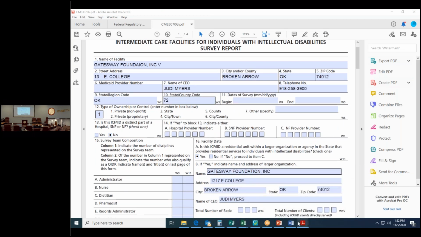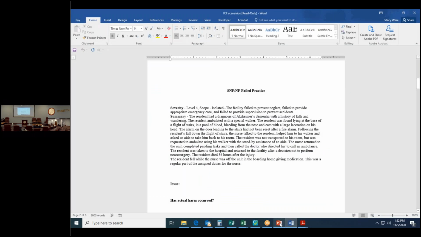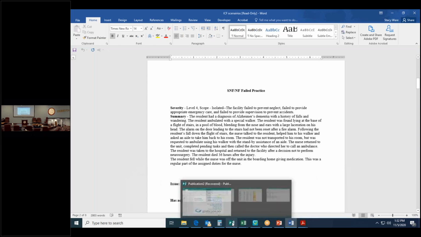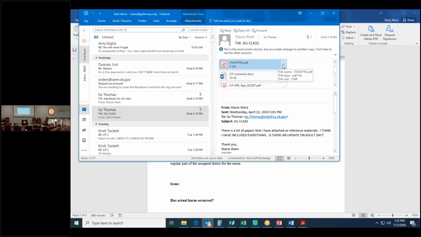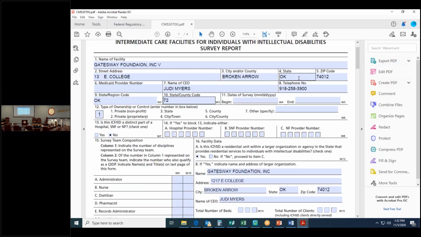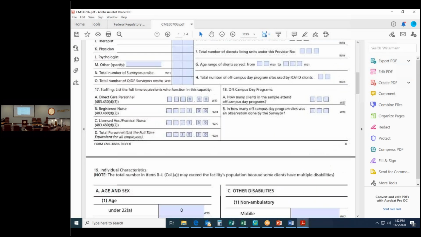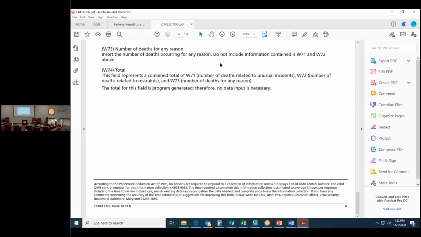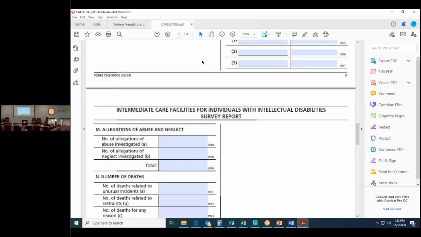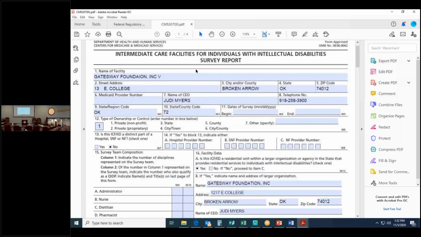Okay, we don't want that one. Okay, it's not wanting to open. Come on. Okay. That's part of it. Okay, I pulled up the wrong one. I'll just go through this one real quick and show you what this is.